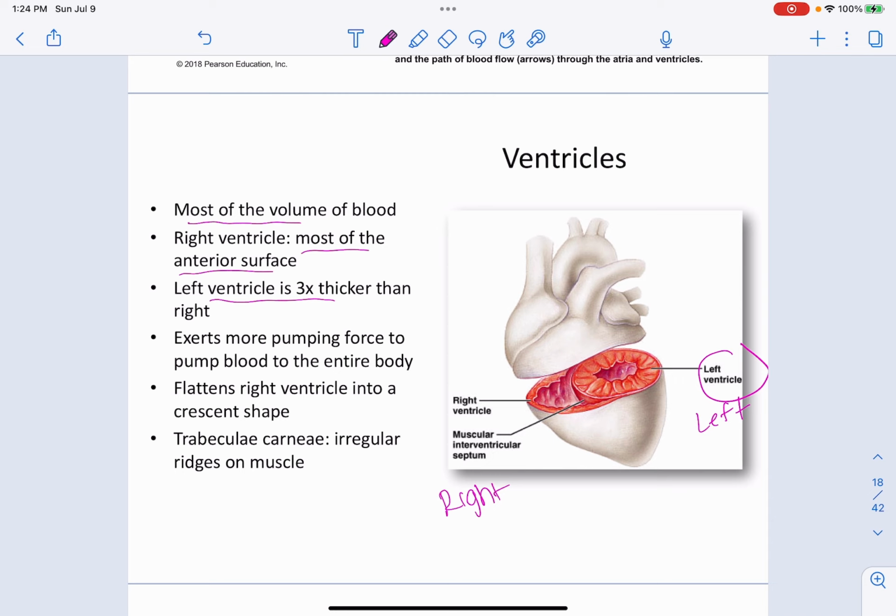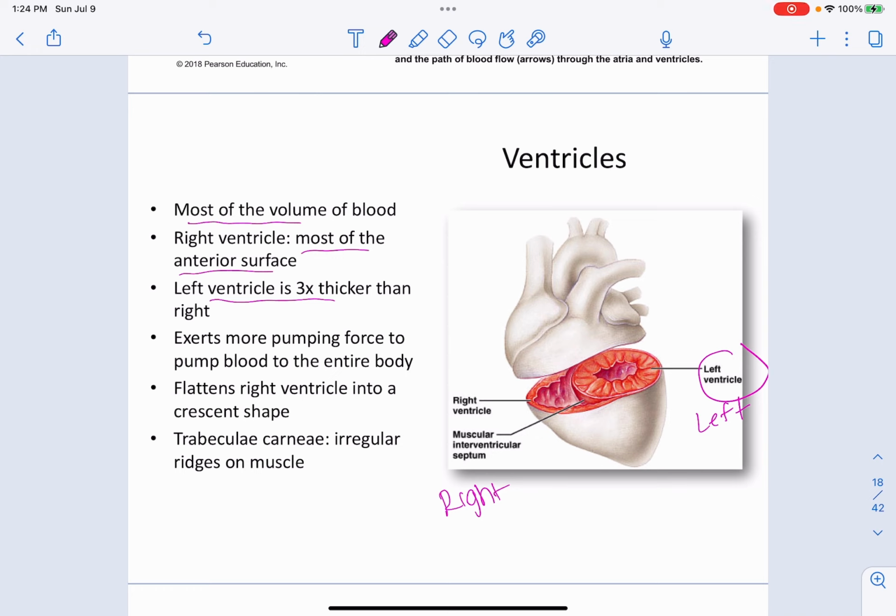And this is because it is exerting more pumping force because it has to pump blood to the entire body. So the musculature around this ventricle is very, very thick. And it tends to flatten the right ventricle a little bit into what looks like a crescent shape.